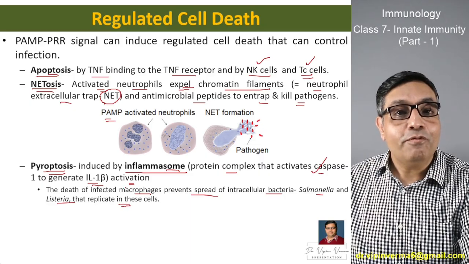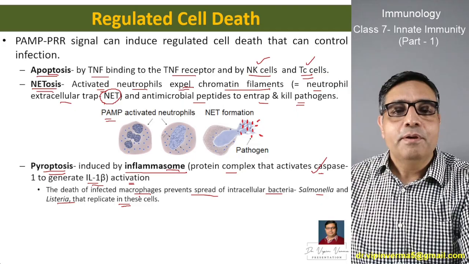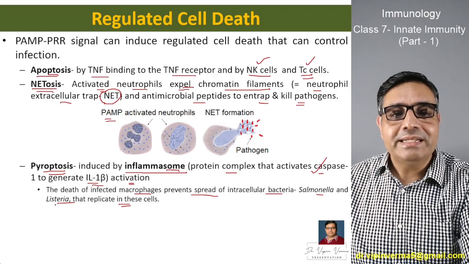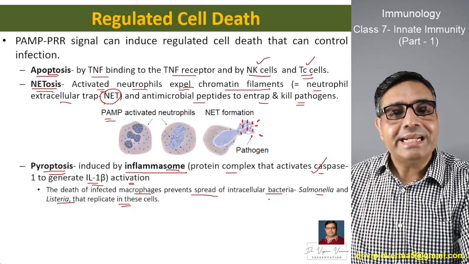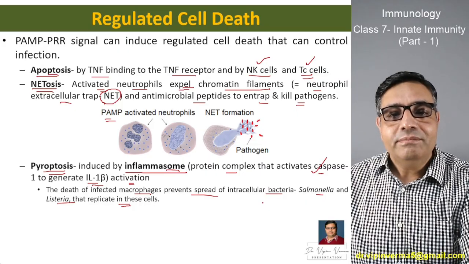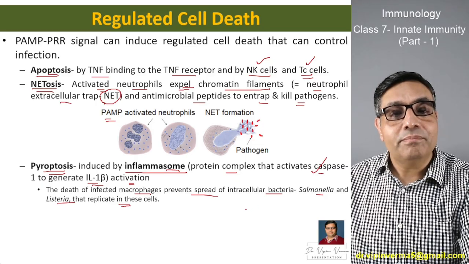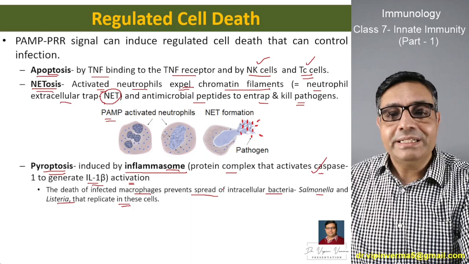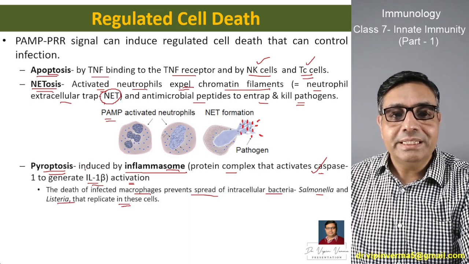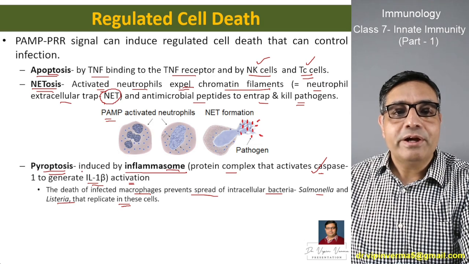So again, the macrophages are sacrificing themselves, because the bacteria Listeria and Salmonella are present inside the macrophages, and in order to stop these pathogens from spreading, the macrophages die using this technique called pyroptosis.